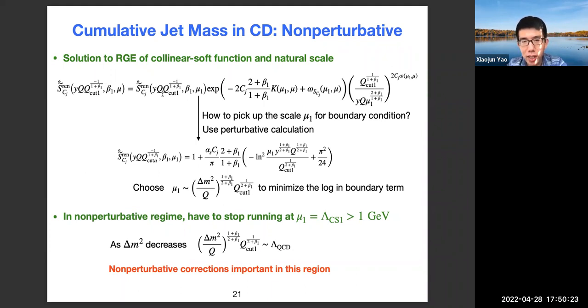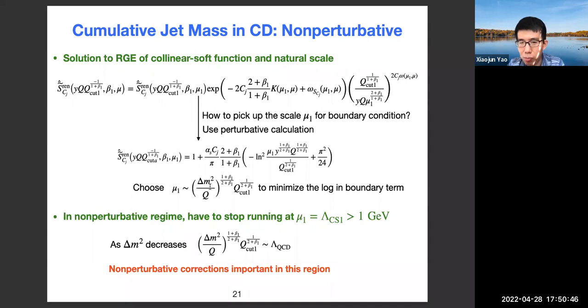We can solve the RGE equation for the collinear soft function. For the boundary term in the RGE equation, we have the one loop contributions, and we want to pick a scale to minimize the log in this boundary term. The natural choice corresponds to this combination of scales here.